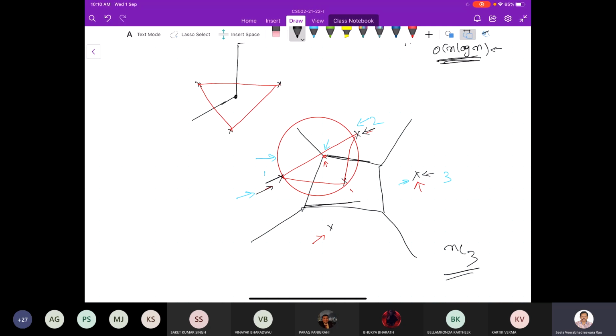So what is the property? A triangle formed by 3 points, say Pi, Pj, and Pk, belongs to the Delaunay triangulation if and only if its circumcircle is empty.